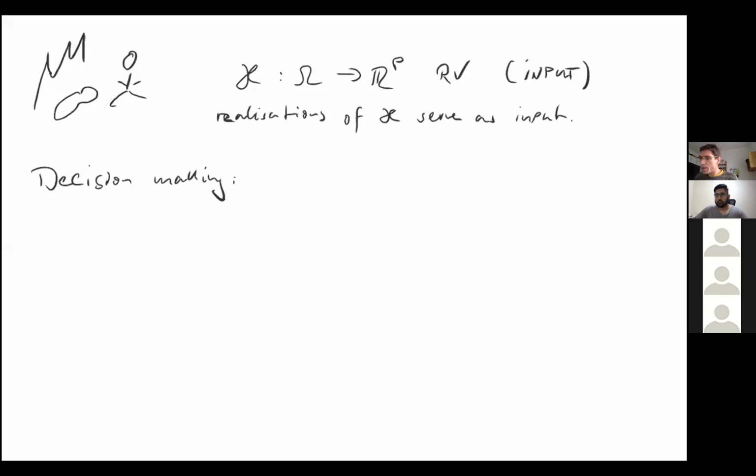Decision making means we also have an output, and this output is a random variable y. For simplicity reasons, we model this y as a real random variable in R.